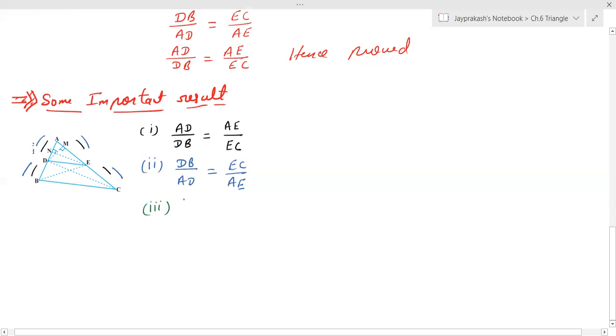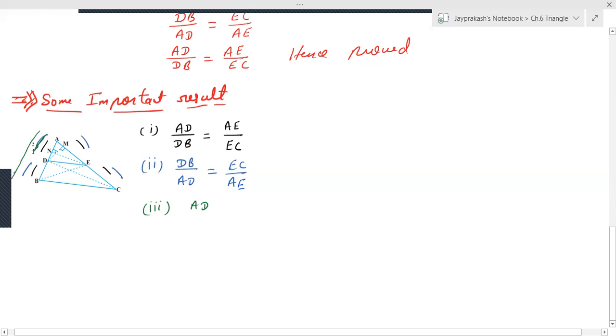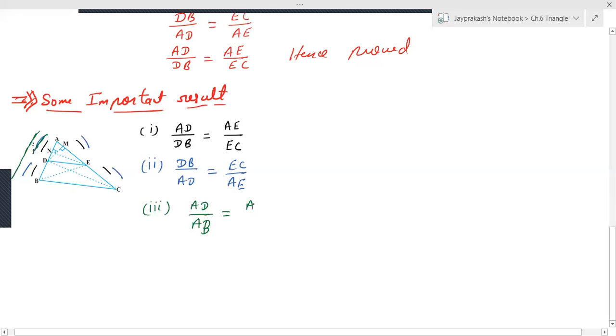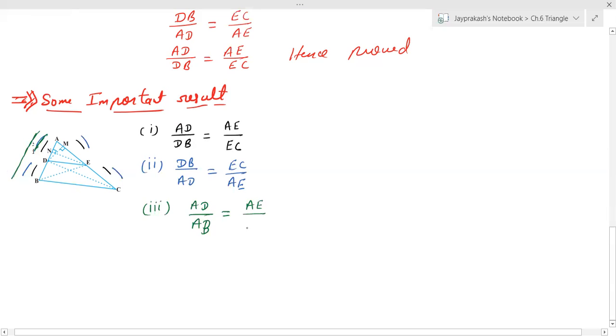Now for the third part, you can take the upper half. Here the upper half is AD, this side AD, and then we take the complete side as the denominator, that means side AB. In the same way, for the second side we will take AE upon AC.